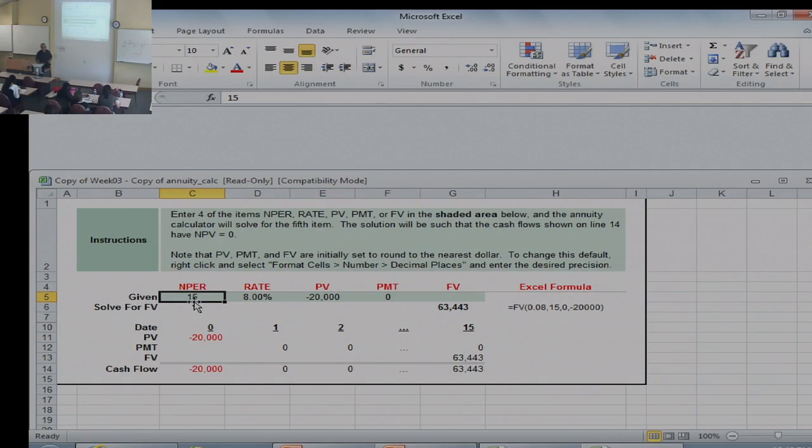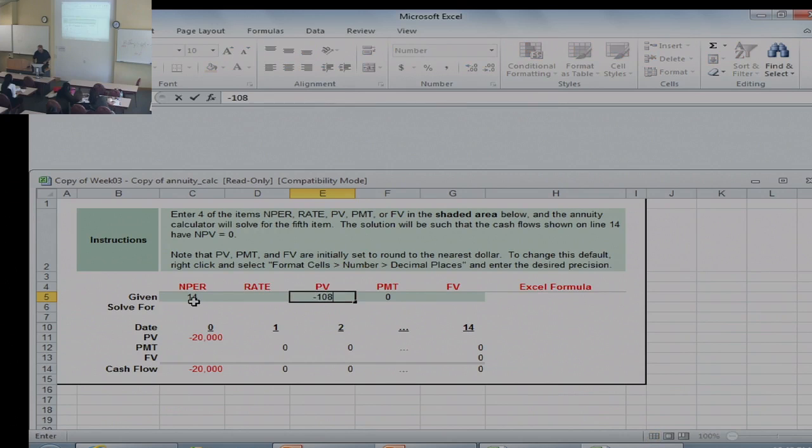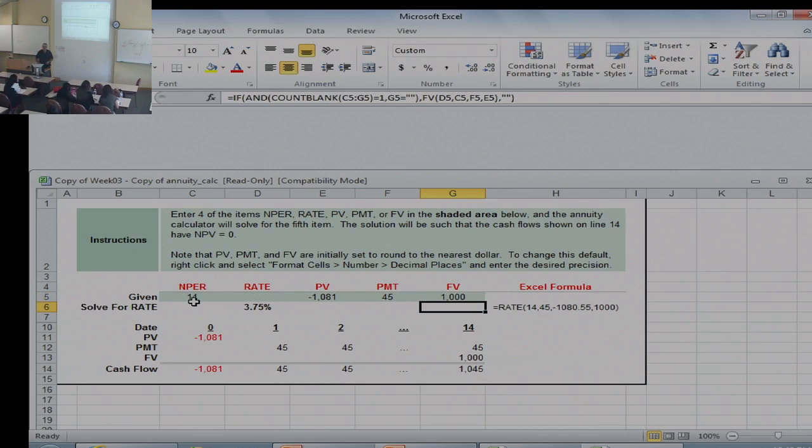Okay, so the number of periods is 14. The rate is what we don't know. Present value is negative 1080.55. Payments are 45. And the future value is $1,000. Solve for y: 3.75%.